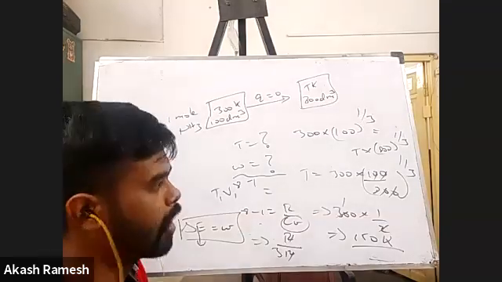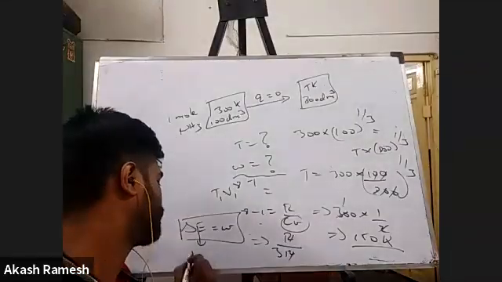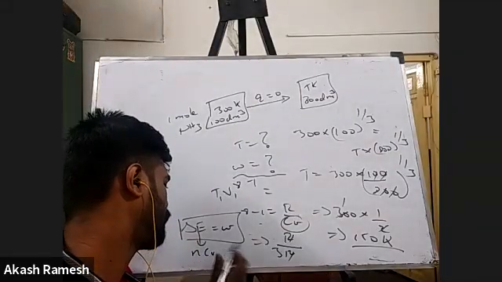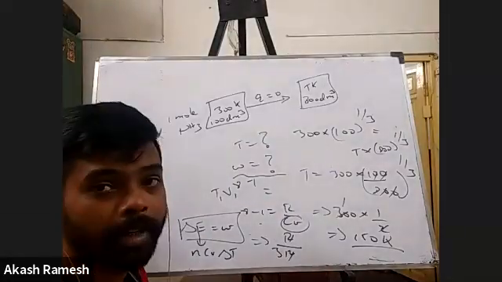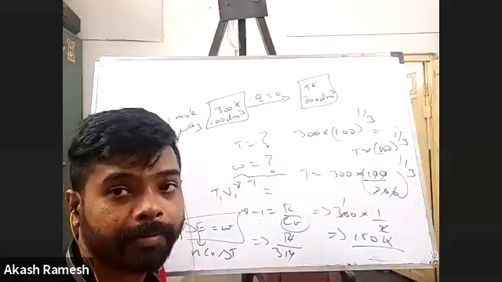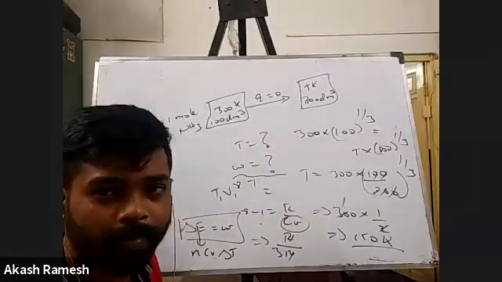It's just the formula n CV del T. That's the formula which we have derived. I know n, the number of moles, is given. CV we know, and delta T we have found out, because I know both T2 and T1.